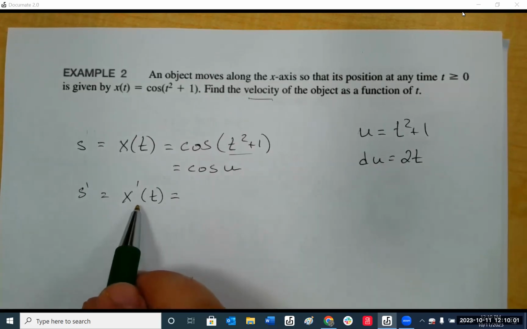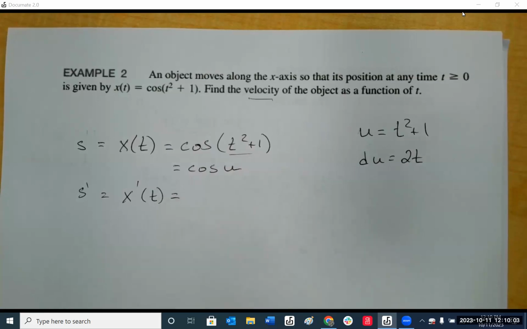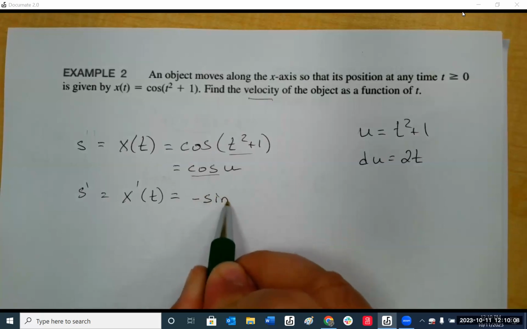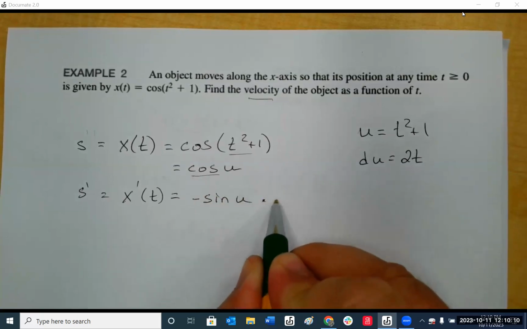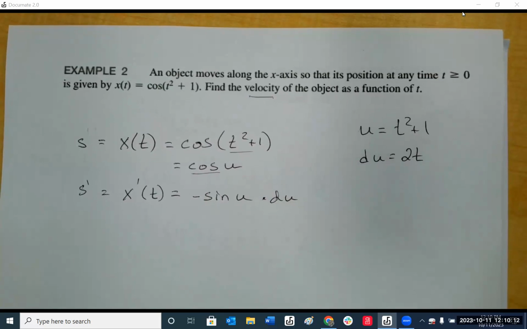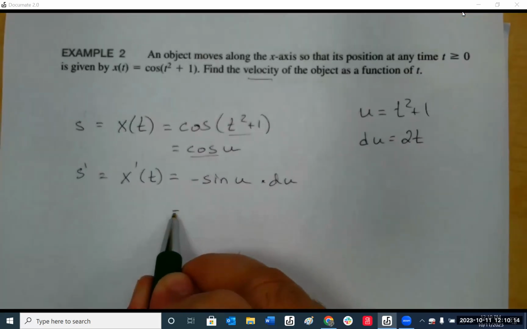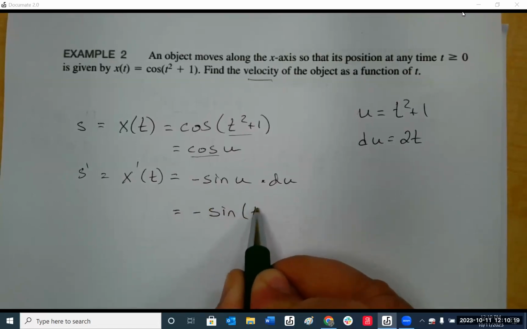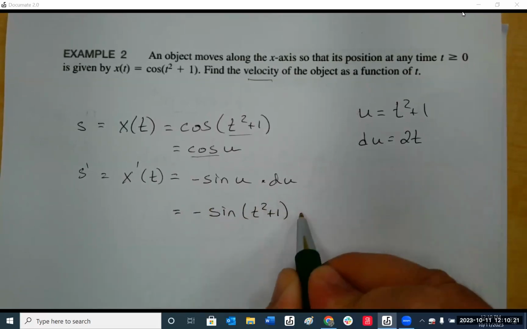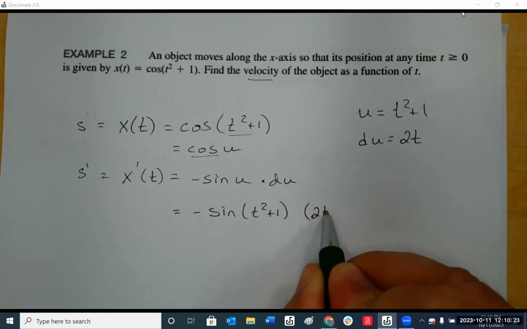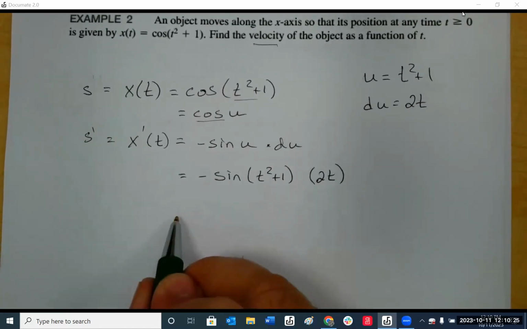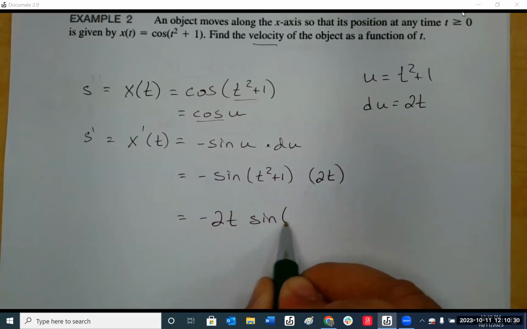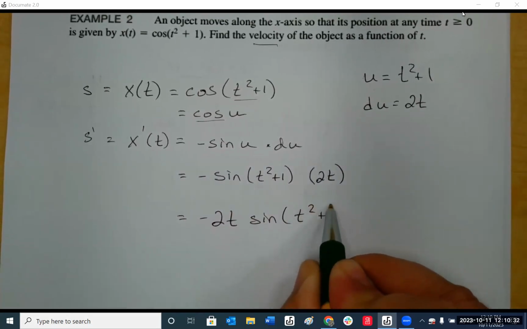So the derivative of cosine u is the derivative of cosine, which is negative sine, times du. So it's negative sine of t squared plus 1 times 2t. So this is how you'd write your answer.